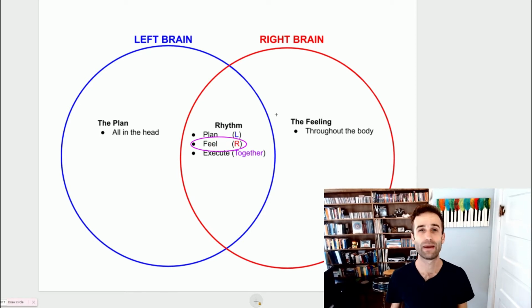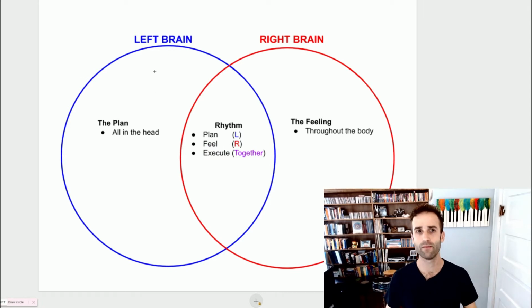We want to feel the basic downbeats and the basic upbeats. Once we have our body locked in and our right brain is going and our left brain has the plan, we want to combine those to execute the rhythmic task, the rhythmic problem, the rhythmic beat that we're going to be doing, all right?